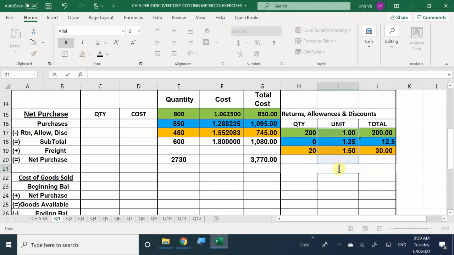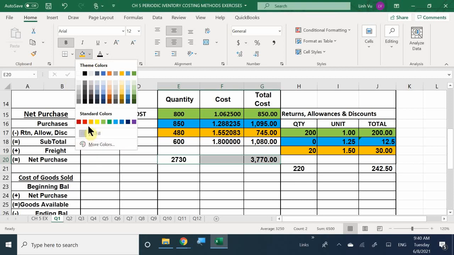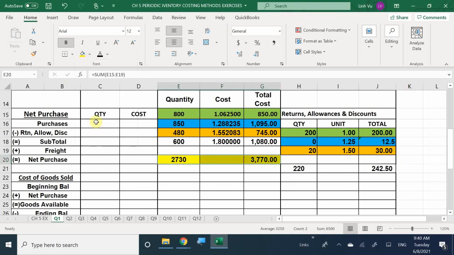Good. So I'm going to highlight these and make them yellow, because these are the numbers that we're going to be looking at. I want to make sure that we know where these numbers come from, that these are our totals.